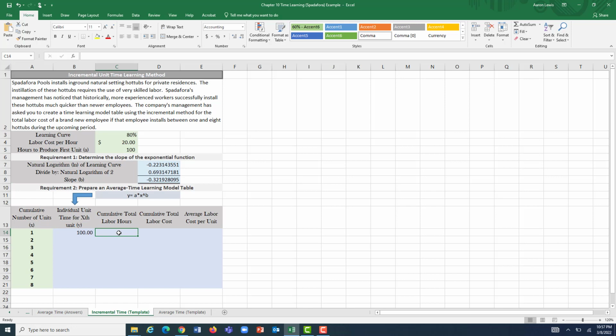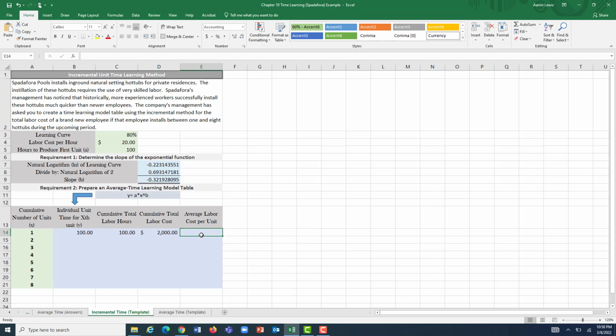So after this first hot tub, it's 100 hours in total that we have to pay this employee to install hot tubs. Since this employee makes $20 an hour, if I multiply the total number of hours they've worked by 20 bucks, I come up with $2,000. We're going to pay $2,000 in labor costs to pay this employee to install the first hot tub that they ever do for Spadafora pools.